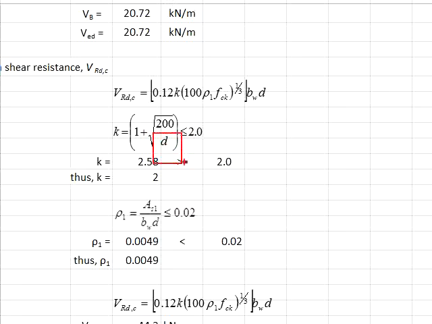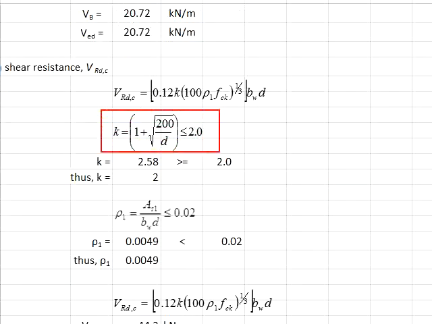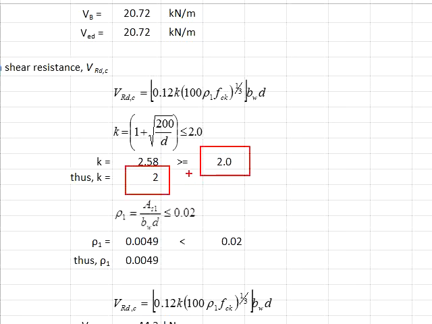We have the depth calculated previously, which is 80 mm. Substitute into the equations, we get our k equals 2.58. This is greater than 2.0, therefore we will use k equals 2 as limited by 2.0.